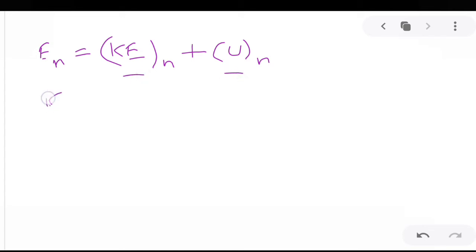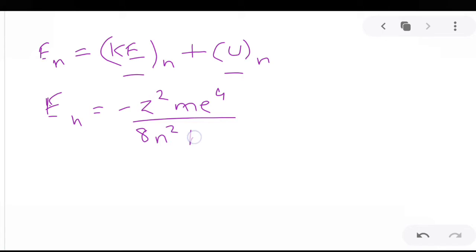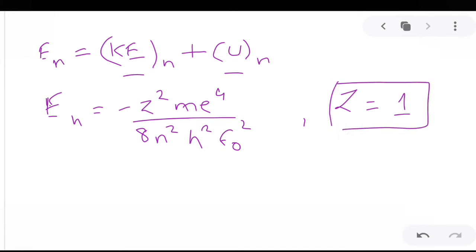So substituting them and adding them, you will get total energy equal to minus z square m e power 4 divided by 8 n square h square epsilon naught square. Remember, I have calculated this for hydrogen like atoms. For hydrogen atom you have to take z equal to 1.